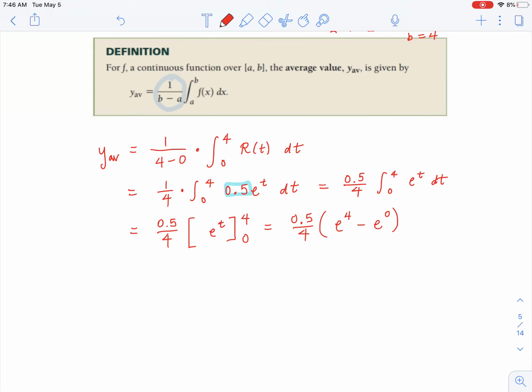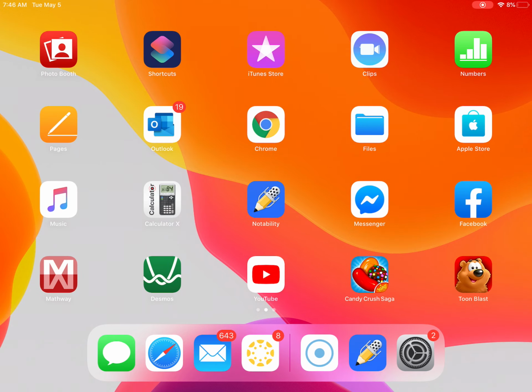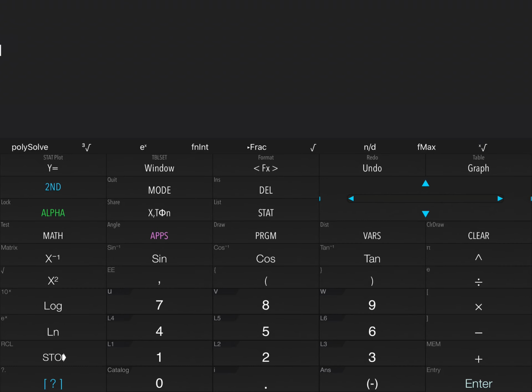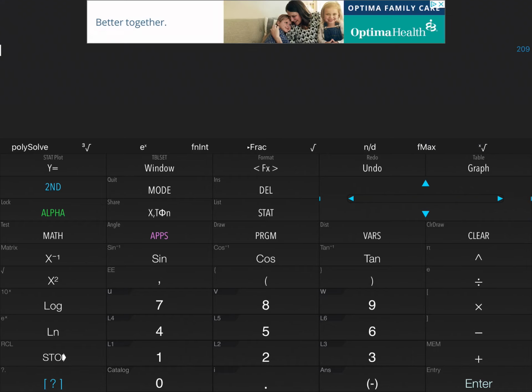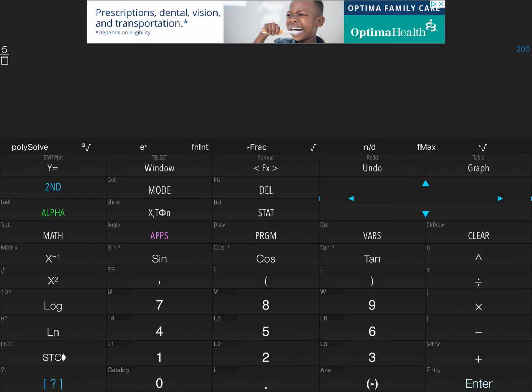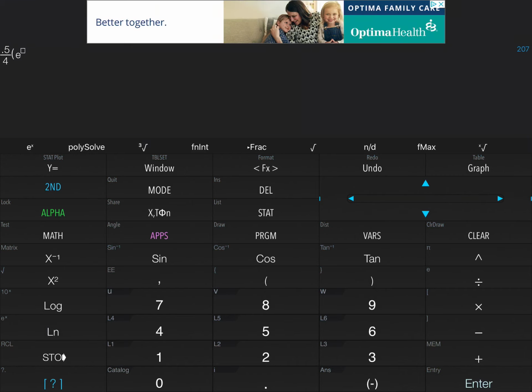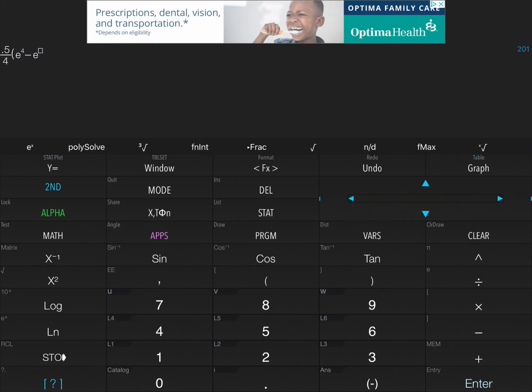Let me grab a calculator and type this in. It was 0.5 over 4, and then parenthesis, e to the 4th power minus e to the 0th power.